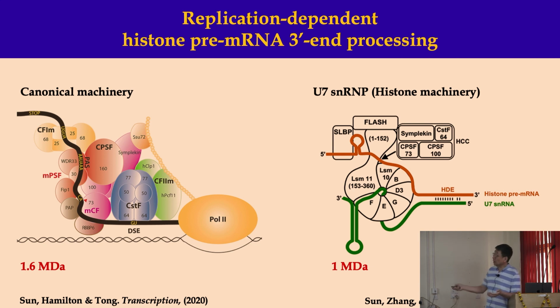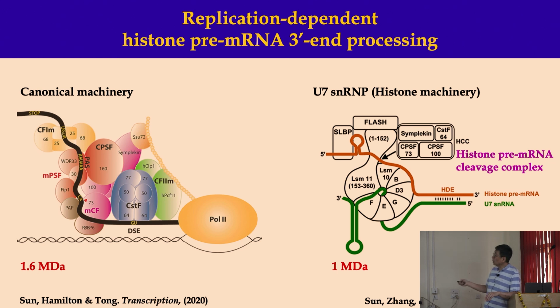You can see it's entirely different between the two. The overall protein composition and everything else is very, very different. I'll say more about this on the next slide, but what I want to highlight is that the factor that does the cleaving of the RNA is this one here, called HCC. Sorry, another acronym: histone pre-mRNA cleavage complex.